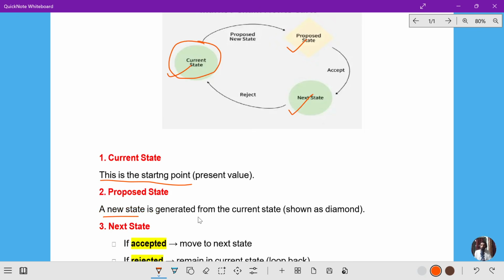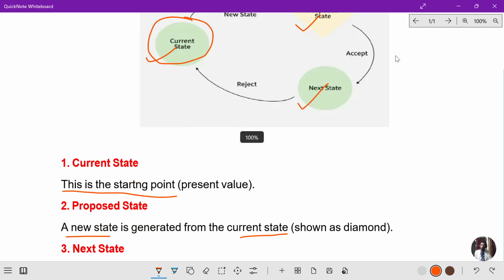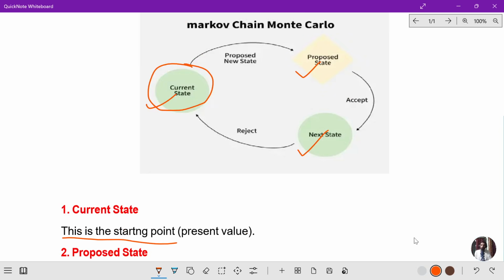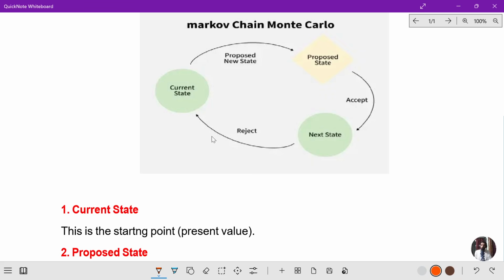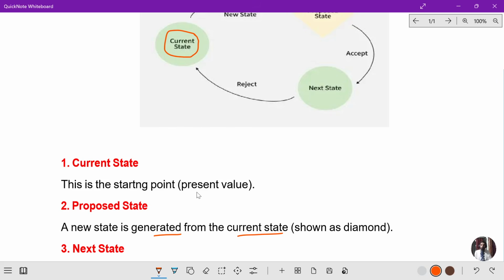A new state is generated from the current state. So that is called the proposed state.